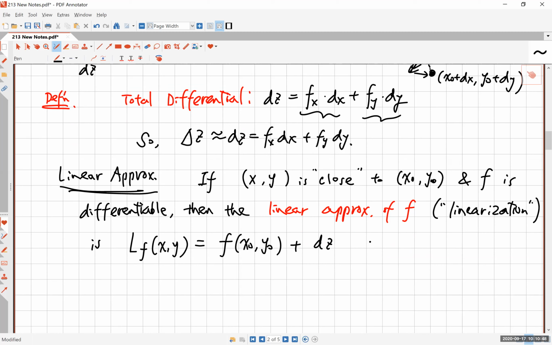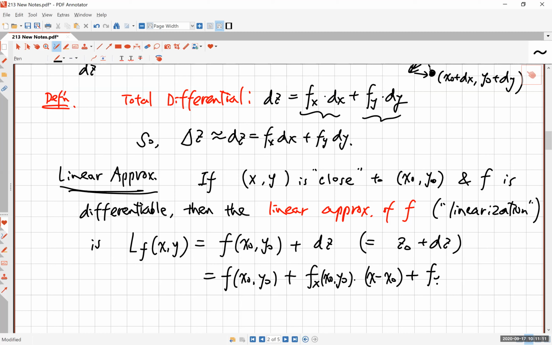Okay, so this is basically the same as z naught plus the differential, because all you're doing is adding that extra part. So this is f of x naught, y naught, plus you evaluate f sub x at x naught, y naught, and then multiply this by x minus x naught.